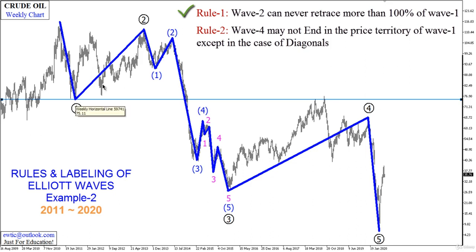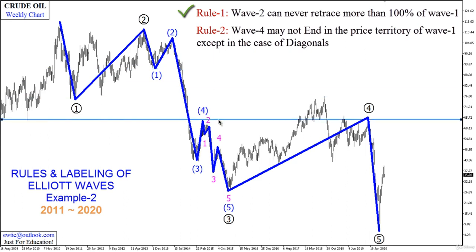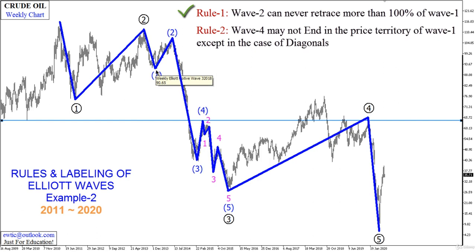What about this move? This is blue bracketed first wave, and this is blue bracketed fourth wave. You can see clearly that this blue bracketed fourth wave did not end in the price territory of blue bracketed wave 1.